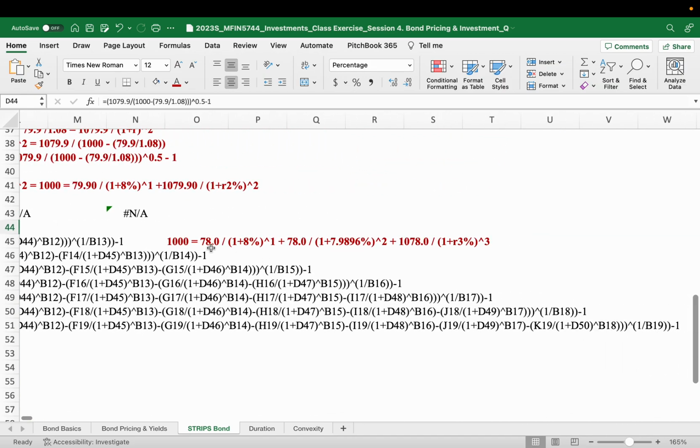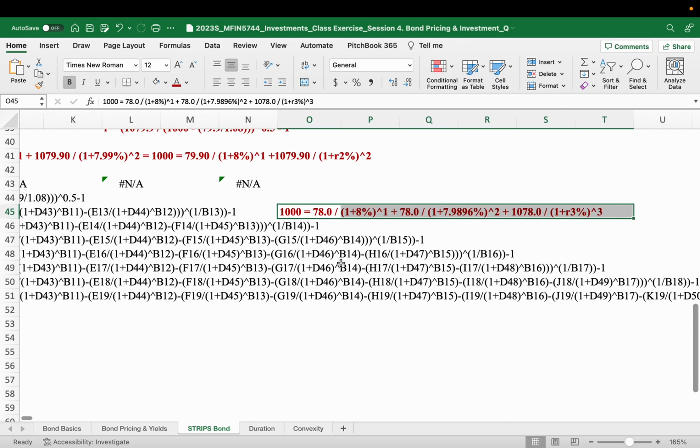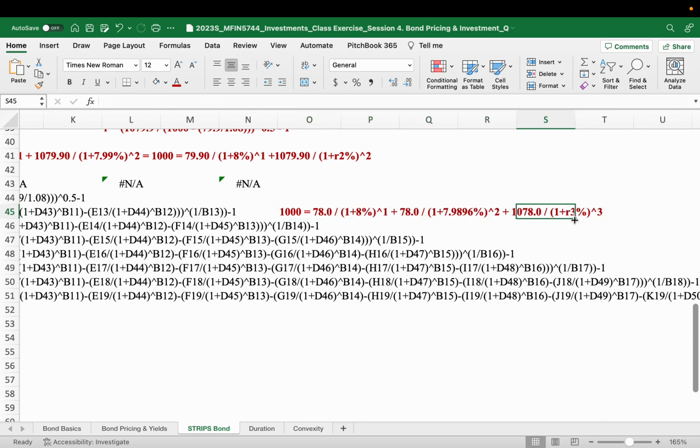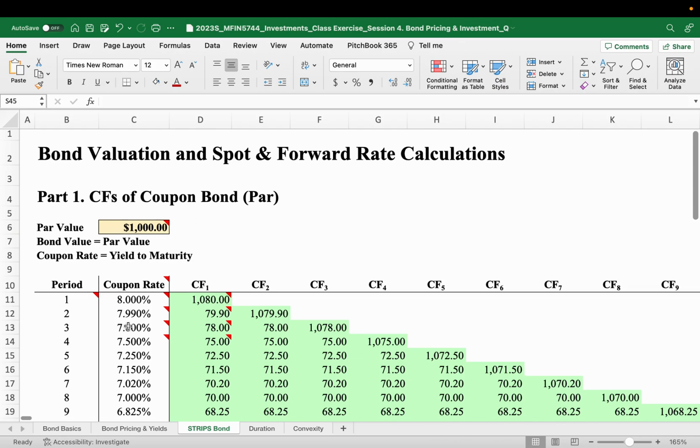Third year spot rate can be calculated from this equation, right? So we need to develop this. It's a huge amount of work, right? We can find a third year spot rate to discount here if the coupon rate is here, right?